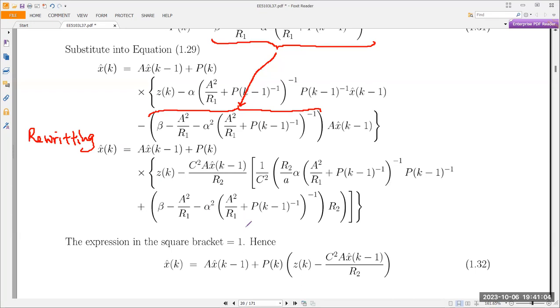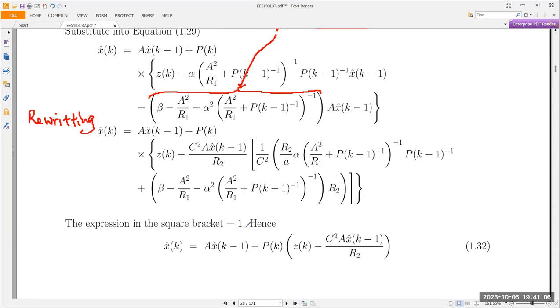Now, then here I tell you, if you work very hard, square bracket is equal to 1. You see the square bracket is here. If you want, you go and do the inverse. Because to make life easy, just think of all this as scalar. All right, inverse means divide, inverse means 1 over p.